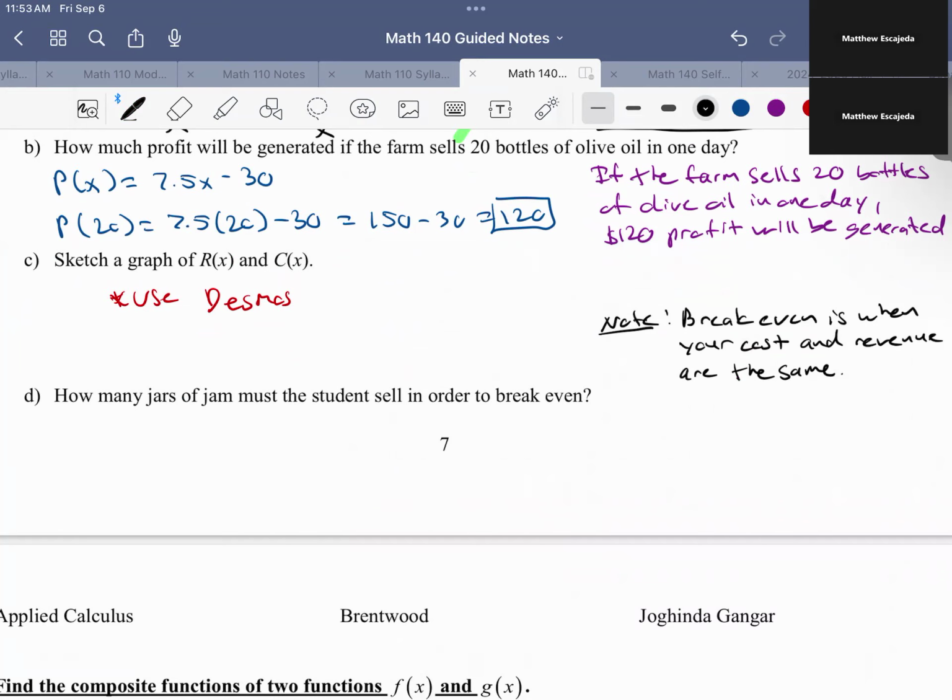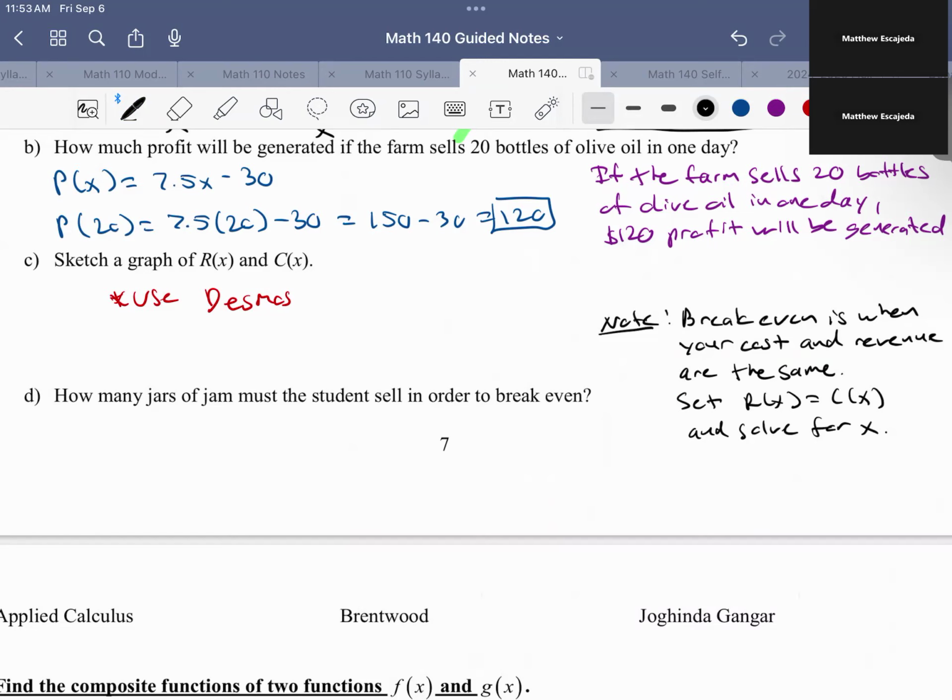So what that means is you would set your revenue equal to your cost, and you would solve for x. You would find the number of items that make your revenue and costs equal, meaning you're breaking even.